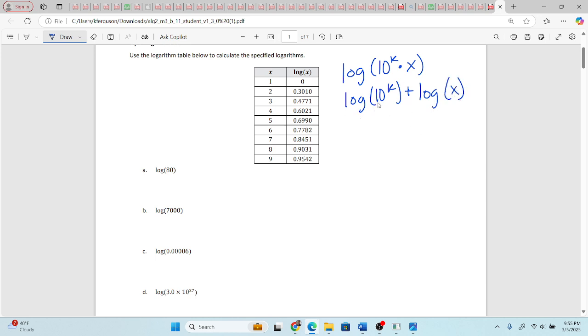And log base 10 of 10 to the k power, that's just k. So that's k plus log of x. So that's what we were talking about.